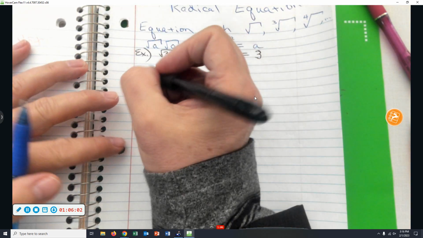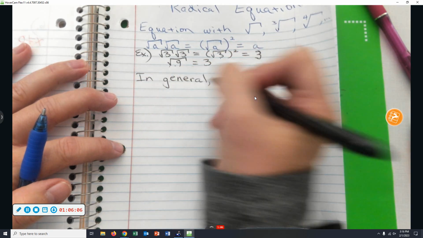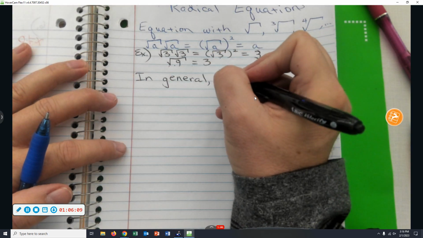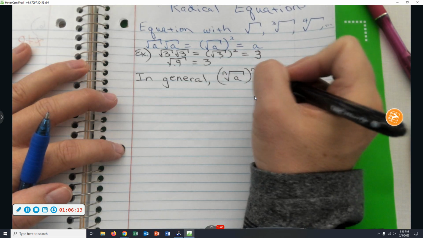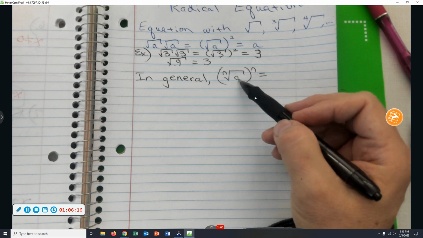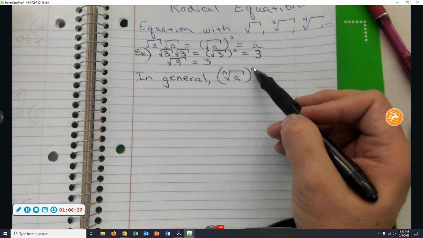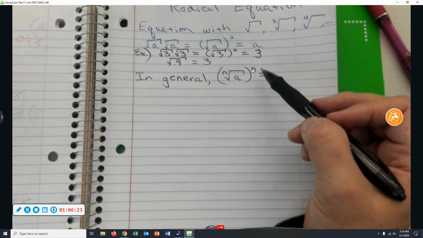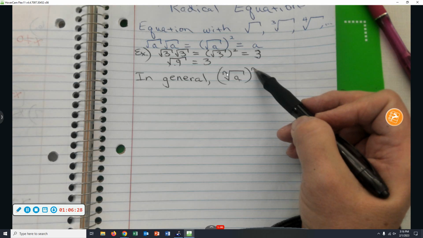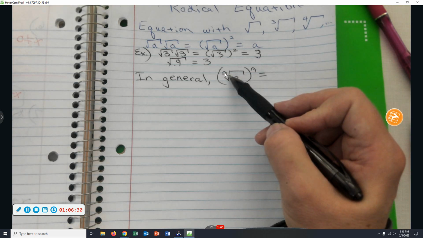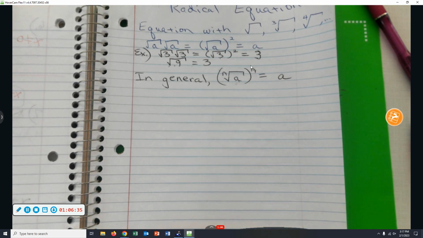In general, it doesn't matter what sort of radical you're looking at. If it's an nth root, a cube root, a fourth root, or fifth root, and we're going to see cube and fourth roots also, there'll be at least one of each of those in this assignment, raised to the nth power, this power will undo that radical, leaving you just the radicand, the thing that's underneath the radical.